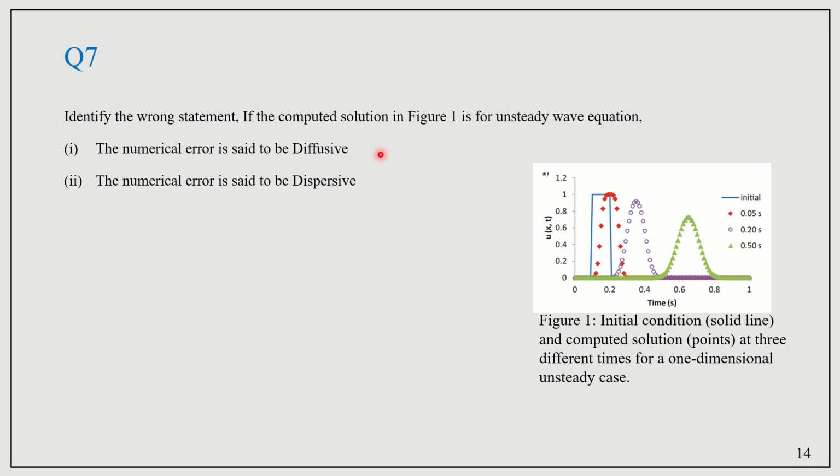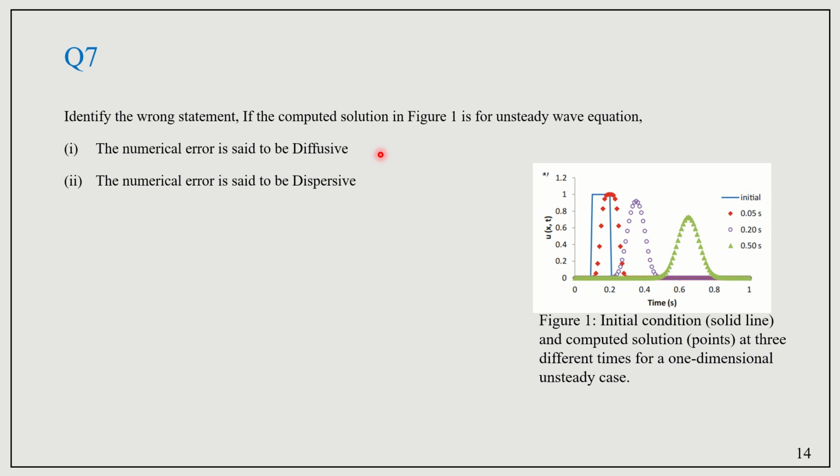So when we look at this figure, we are not seeing any oscillations. Appearance of oscillations indicates a dispersive error, whereas appearance of diffusion, that is smudging of the edges or reduction in the amplitude, is associated with the diffusive error.